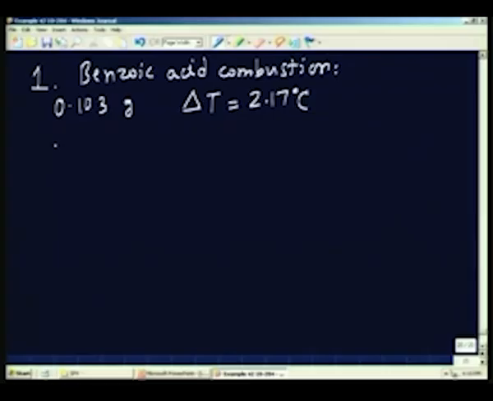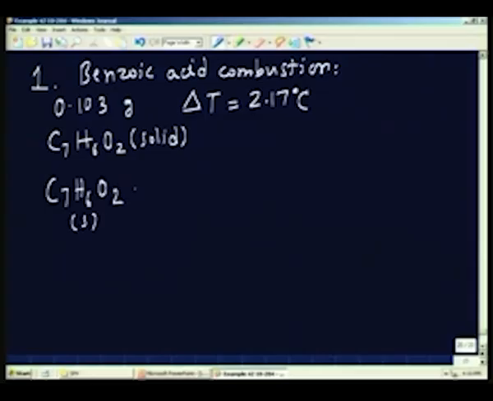We already know that benzoic acid is given by C7H6O2, in solid form, and the reaction can be written as C7H6O2 (solid) plus oxygen in the bomb, and there is enough oxygen so that complete combustion is guaranteed.